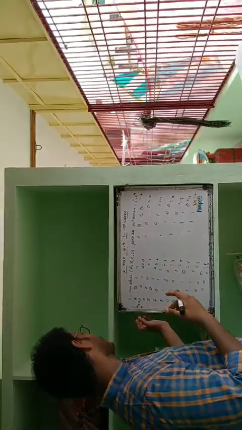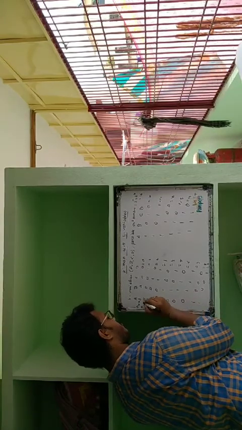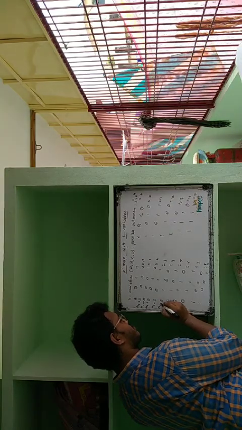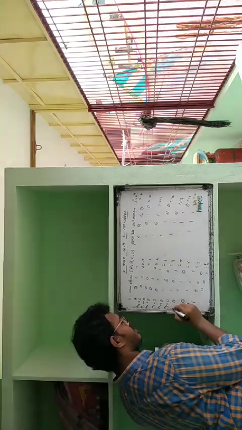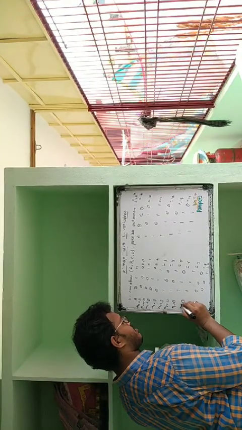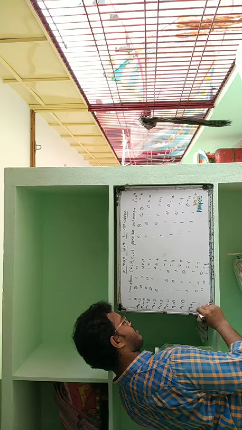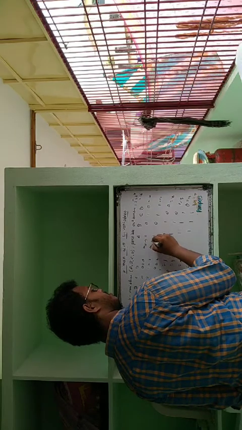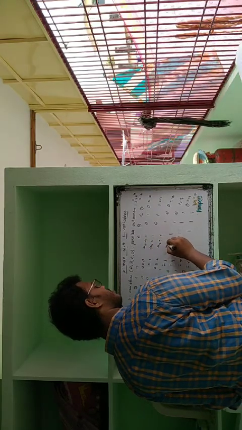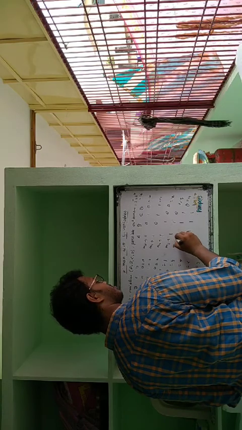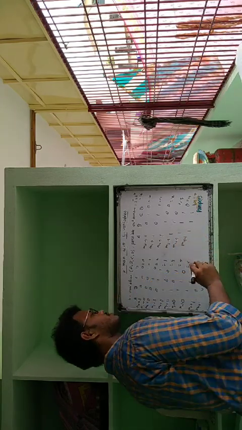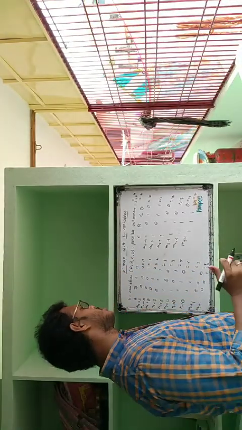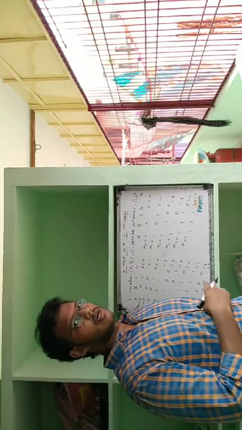So M0, M1, M2, M3, M4, M5, M6, M7, M8, M9, M10, M11, M12, M13, M14, M15. So small m's represent the min terms.